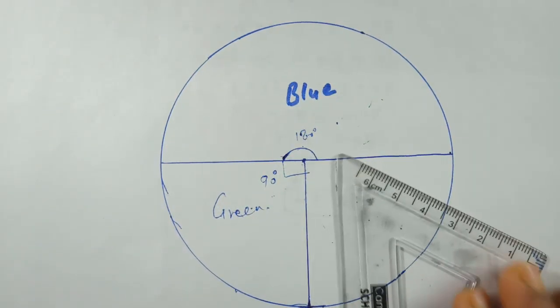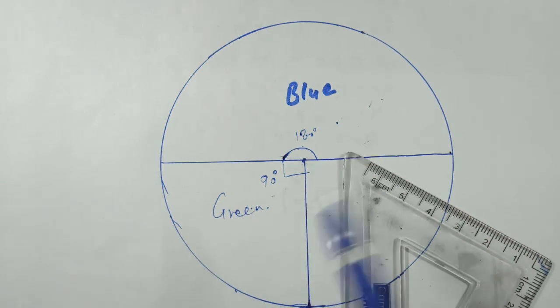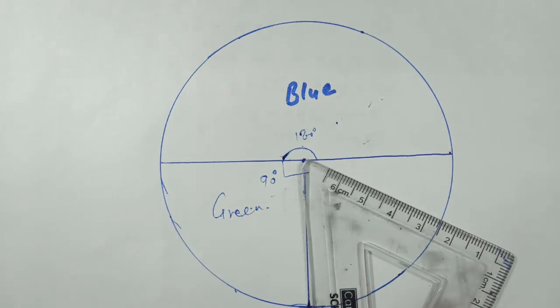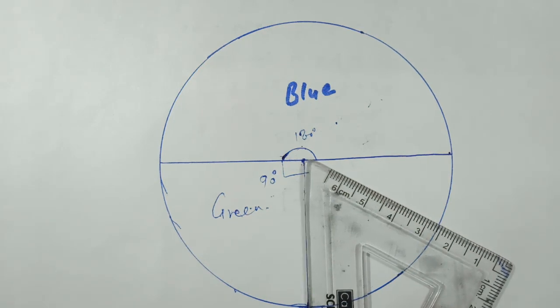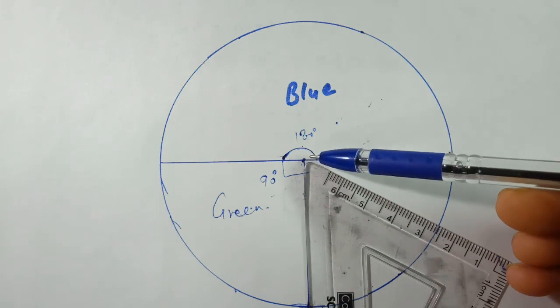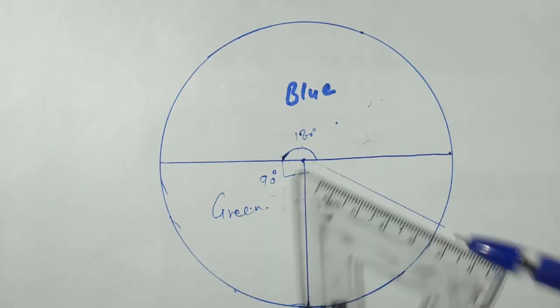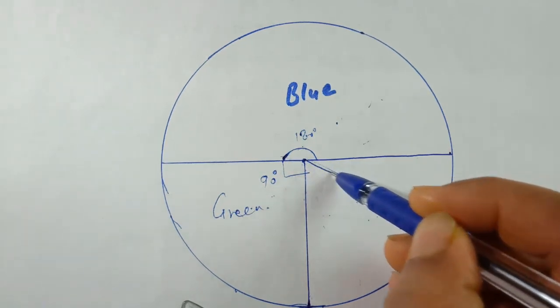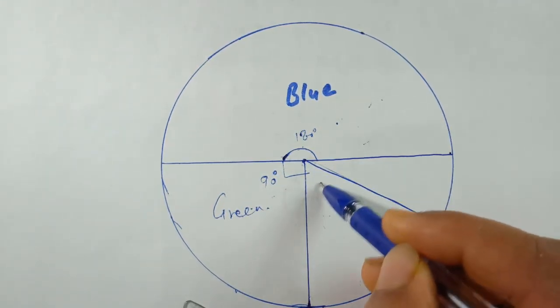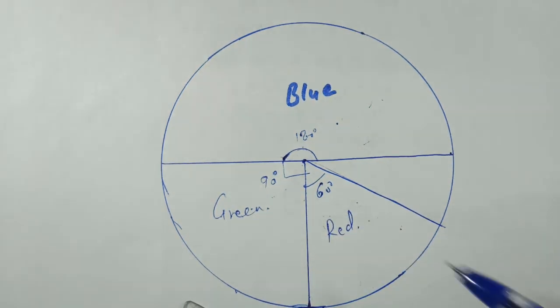We keep the set square over this line, with the corner of the set square at the center point, and carefully draw the line. So this angle is 60 degrees, and it is occupied by red.